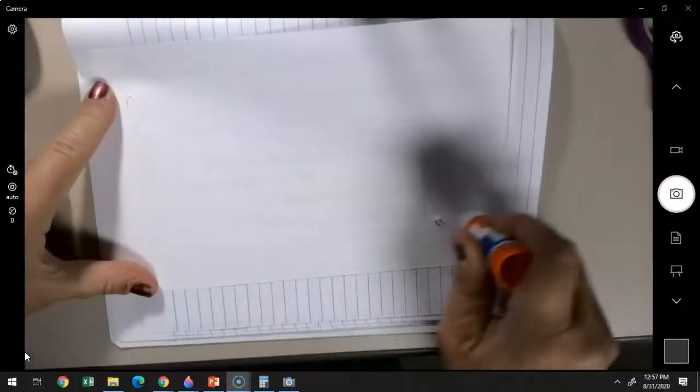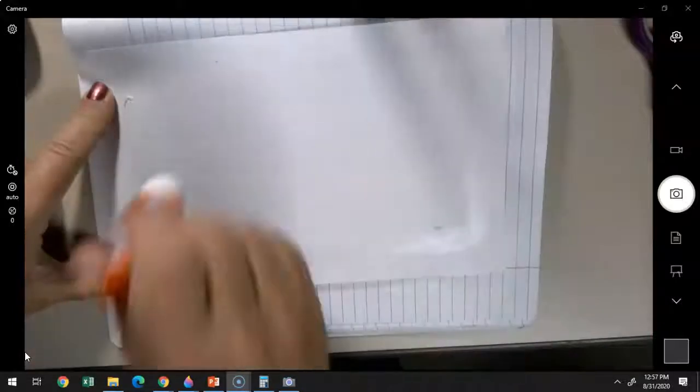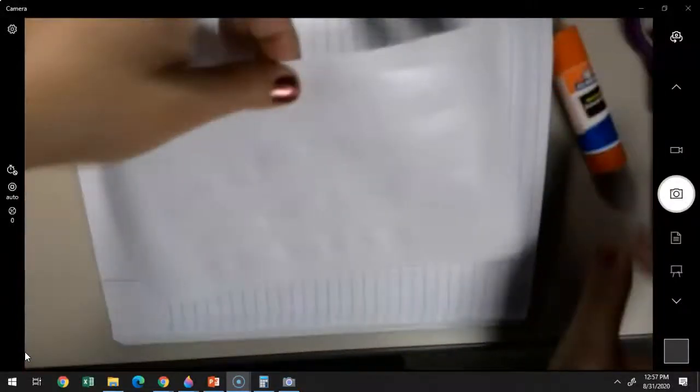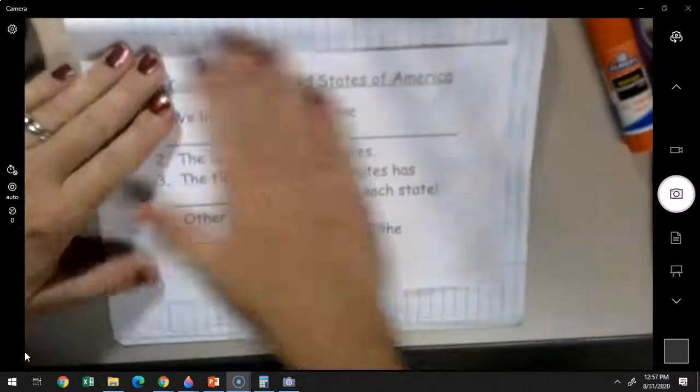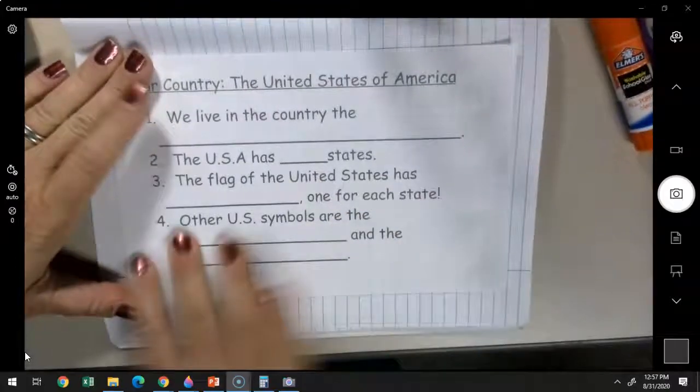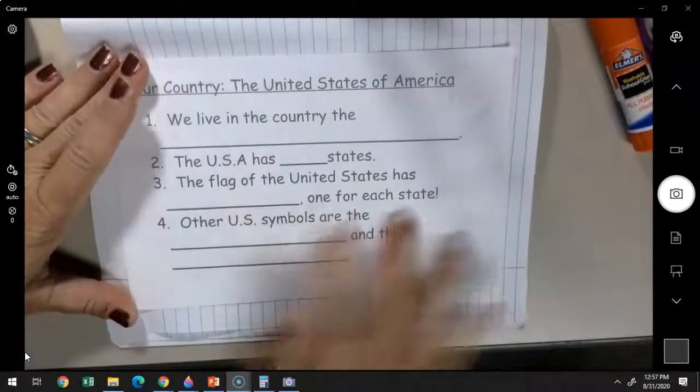So get your glue stick and glue on the back. You want to put enough that it'll be sticky, but if you don't put enough, it'll stick for now, but it'll come off later. So put enough that it'll stick for good.